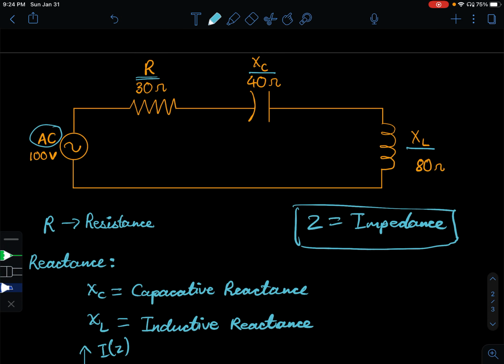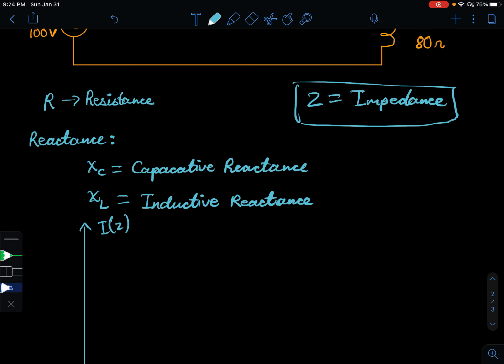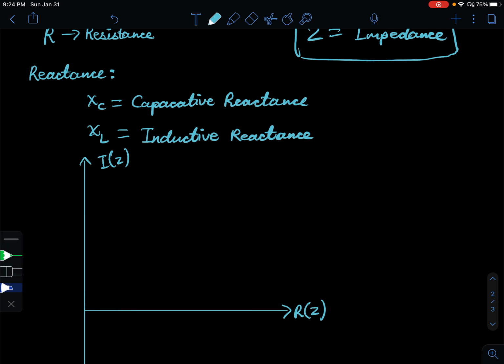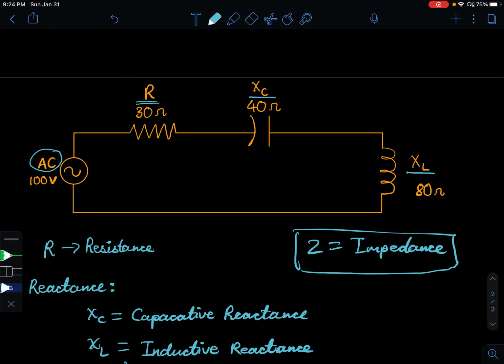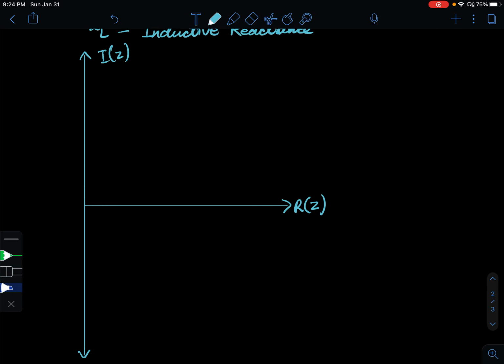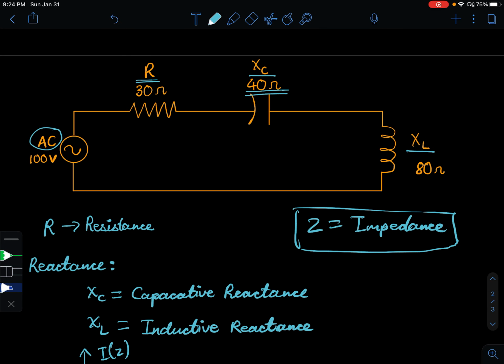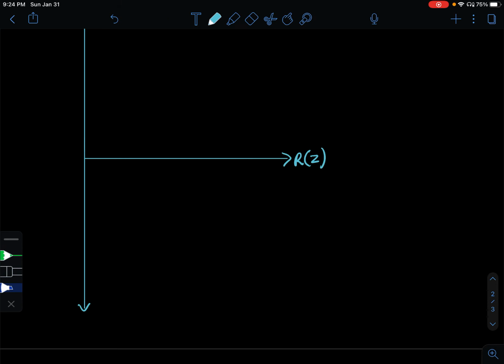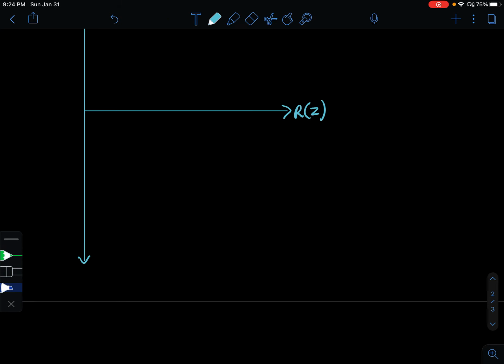And the first thing you're going to do is graph the capacitive reactance and the inductive reactance. The capacitive reactance is always on the negative imaginary axis. So in this case, we see that the capacitive reactance is 40 ohms. So we're going to graph 40 ohms on the negative imaginary axis, and the inductive reactance is 80 ohms, so that's on the positive imaginary axis.